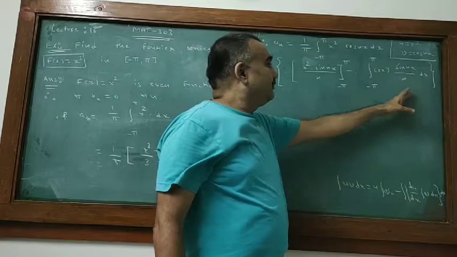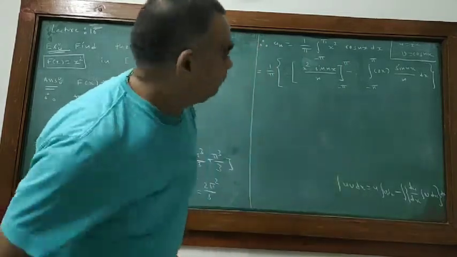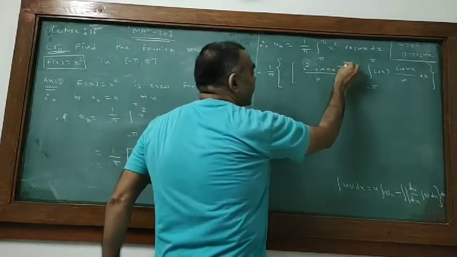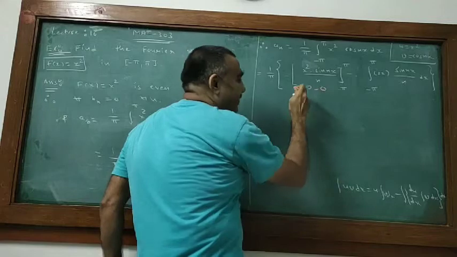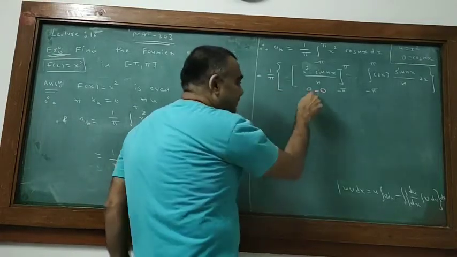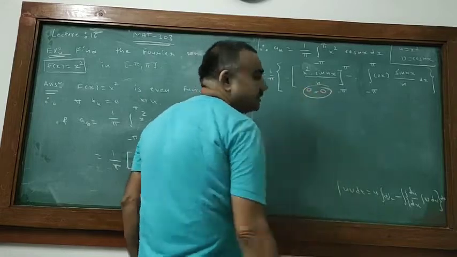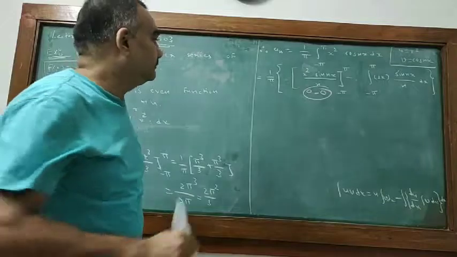So we may take 1 upon n outside of the bracket. Here, if you put pi, sin pi is 0, sin minus pi is 0, so this term has value 0 at both the times, and therefore this is 0 minus 0. So this value is 0, therefore it is not in any calculation.